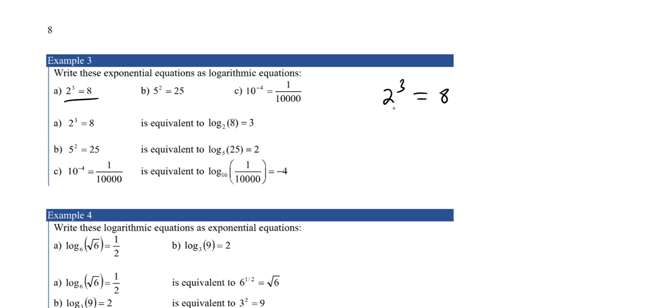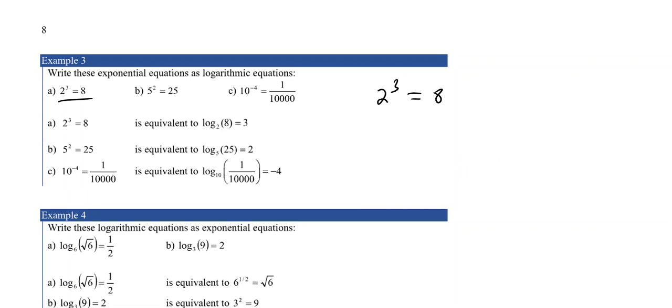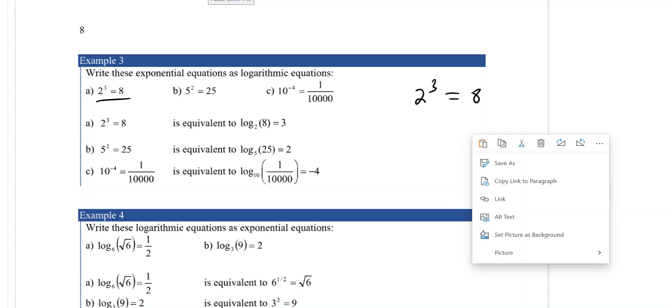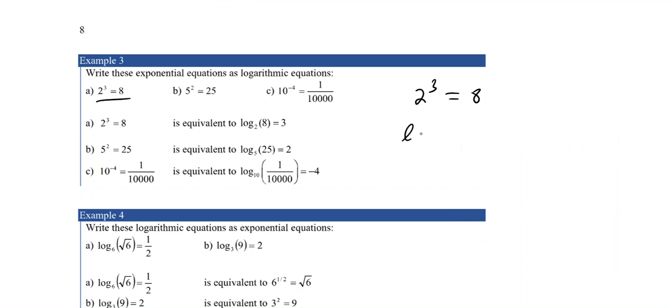This thing is base 2, so I know my expression is going to have something to do with log base 2, right? Base 2, base 2. Those will always be the same, okay? And now it's of 8. It's equal to 3.